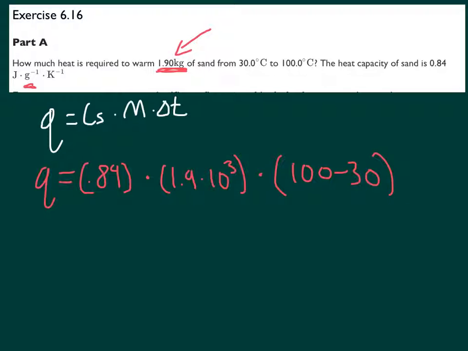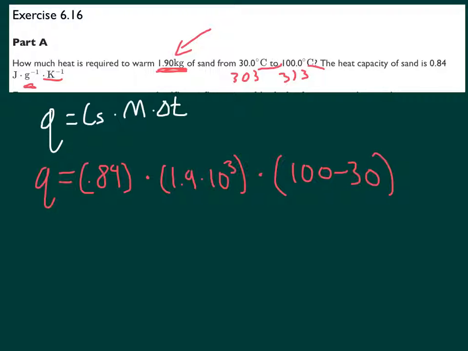Now, some people may say we have to convert Celsius to Kelvin. We do not, because if we did convert this to Kelvin, it would be plus 273 and plus 273. So that would be 373, and this would be 303.